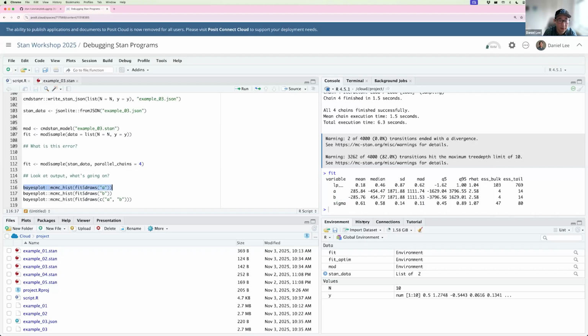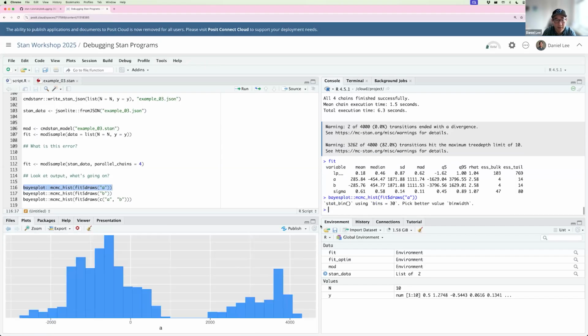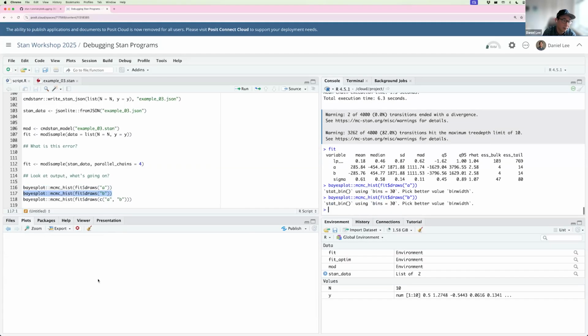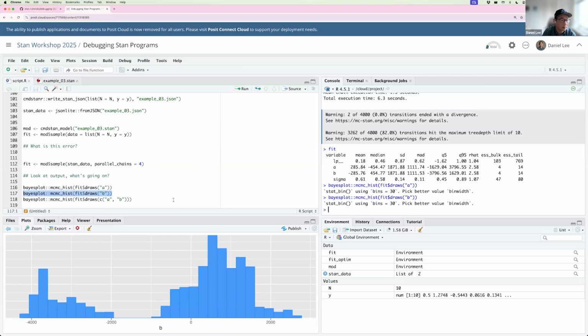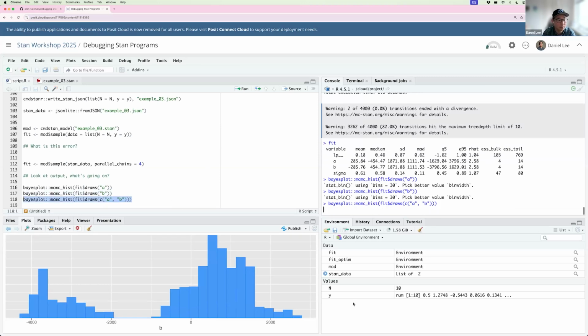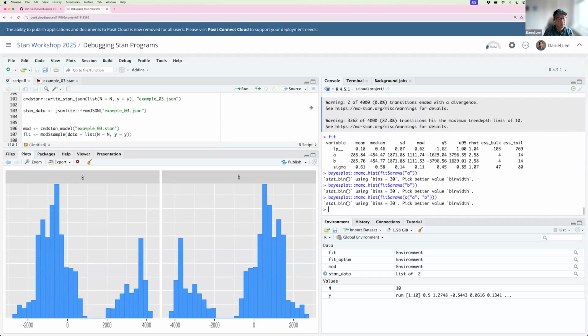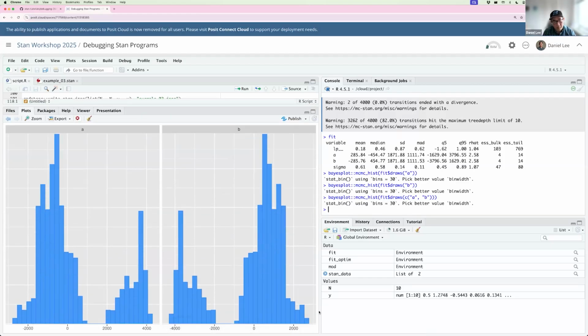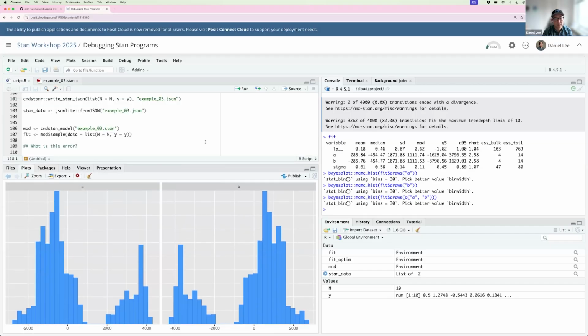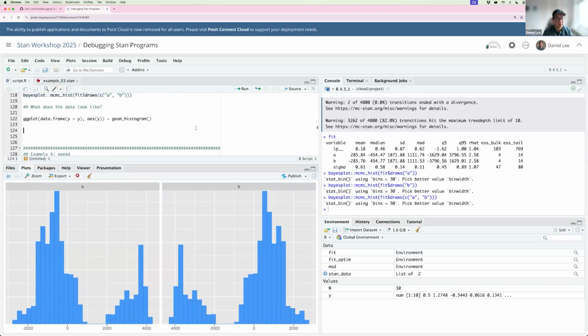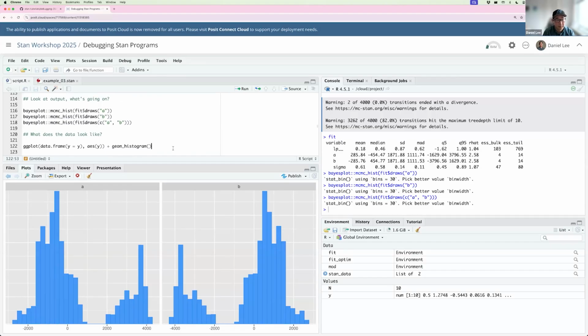We can actually take a look at this here. And if you look at B here, it should be the opposite. If you compare them together, you kind of see what's going on. This is an example of an additive non-identifiability.